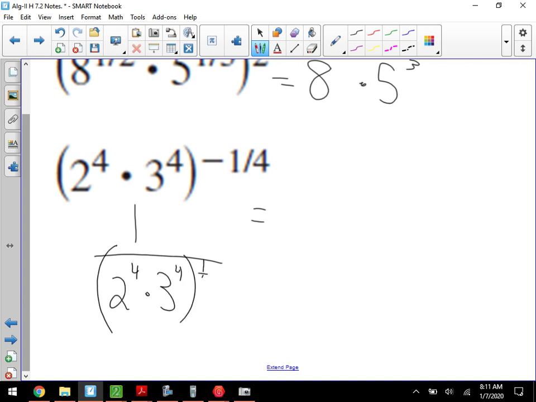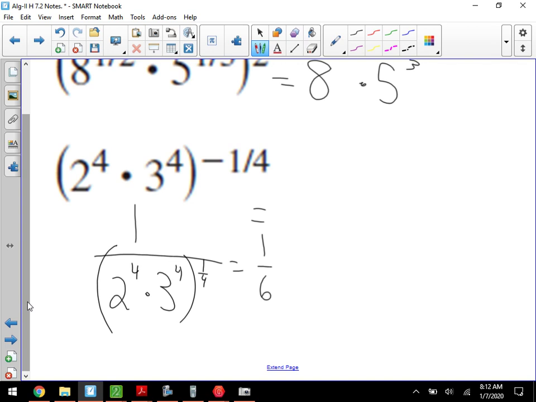My exponent is now positive because it switched sides. So when you distribute in that exponent for your power, what's 4 times 1/4? 1. And you do that twice, so you'll wind up with 1 over 2 times 3, otherwise known as 1/6.